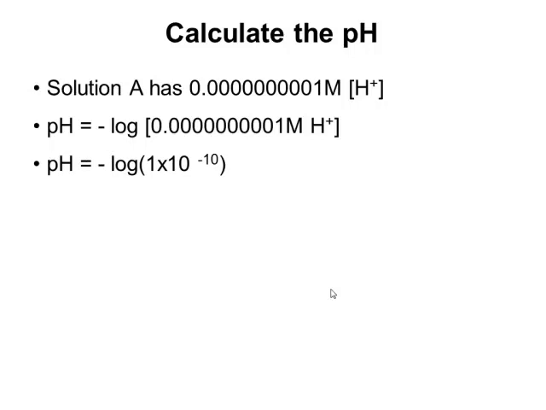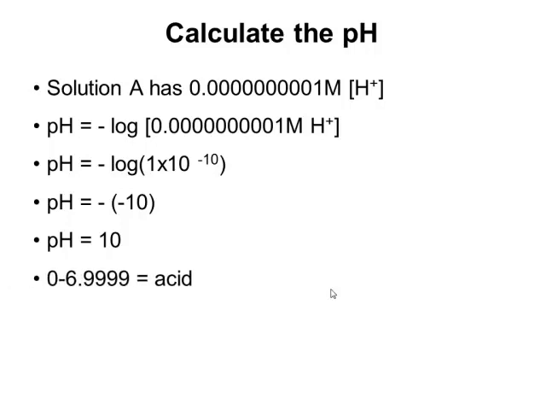So the log of that number is negative 10, and the negative of negative 10 is a positive 10. So the pH would be 10. That would be a base, because acids are 0 to 6.999, neutral is 7, and bases are 7.1 to 14. So again, the higher the concentration of hydrogen, the lower the pH value.